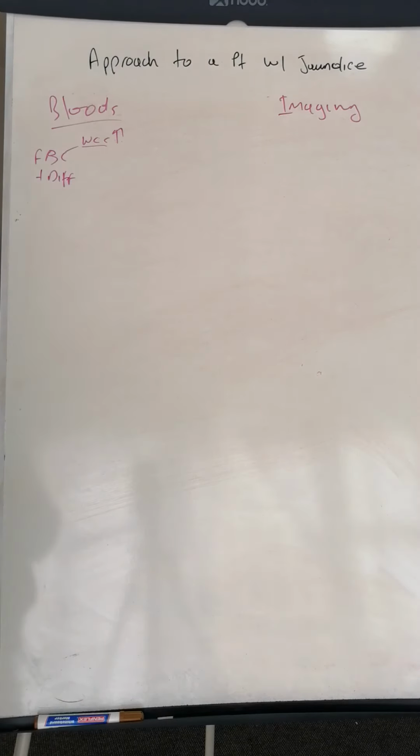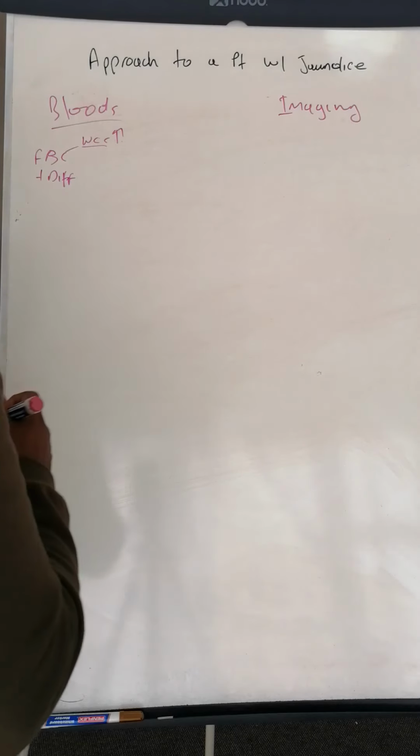And remember, a white cell count for infection is around 14, 15, 16, 17, 18, 19, maybe up to 30 in severe cases. But the minute it reaches 80, 90, 100, chances are there's a malignancy happening. It's not a white cell count suggestive of infection, like I explained in that approach to an FBC.